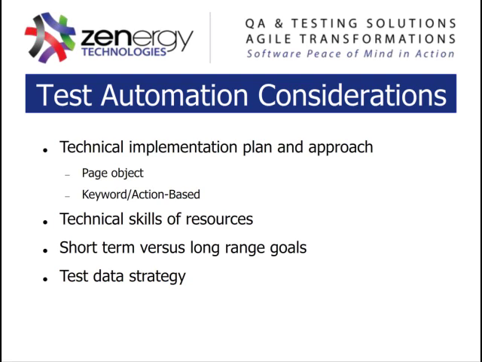An example of this is, let's say I have a human resource application that creates a new hire. Once that new hire is in the system, you can't put that person in again, because the system should say that person already exists. So the test data strategy is coming up with either an algorithm, a way to query the database, or a way to create data, so that you can run your tests over and over again.